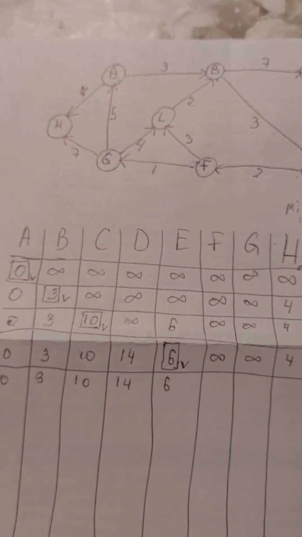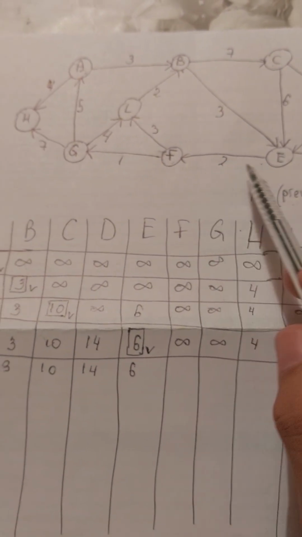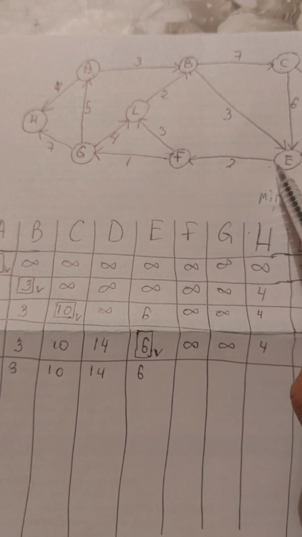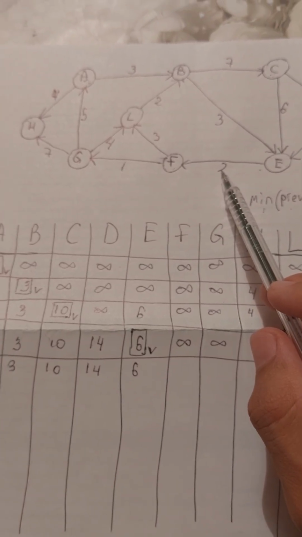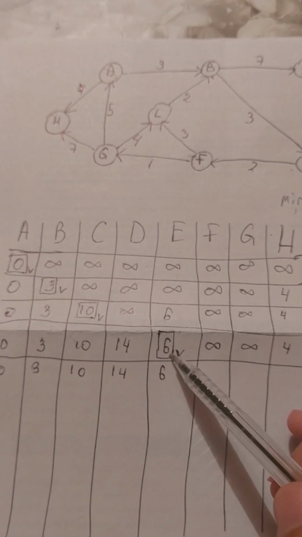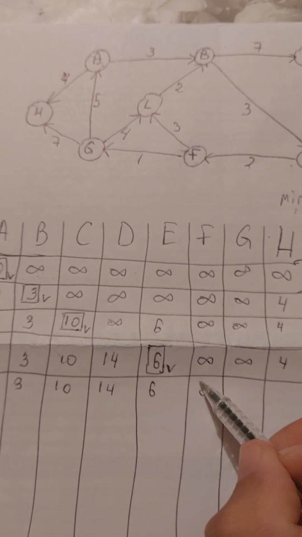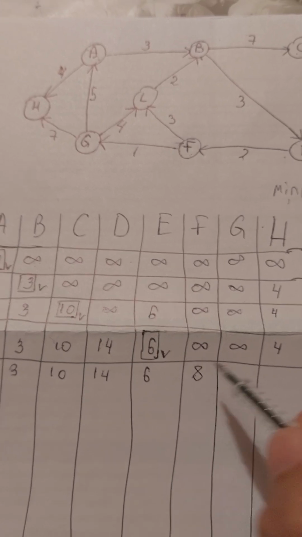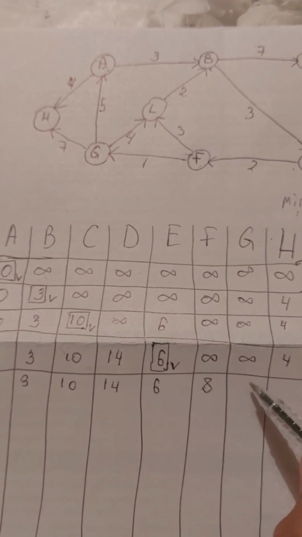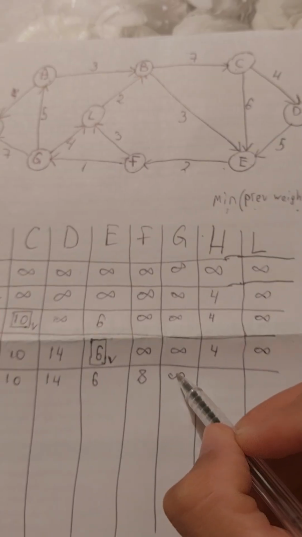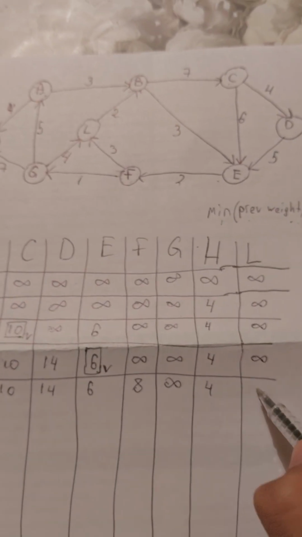Okay, from E to F the weight is 2. 2 plus the previous one, 6, is 8. 8 is less than infinite, so here we write 8. To G we don't have a path, we keep infinite. Here 4, here infinite.